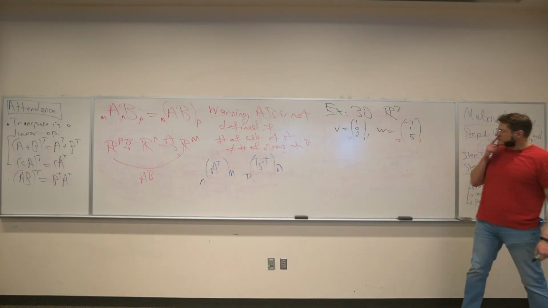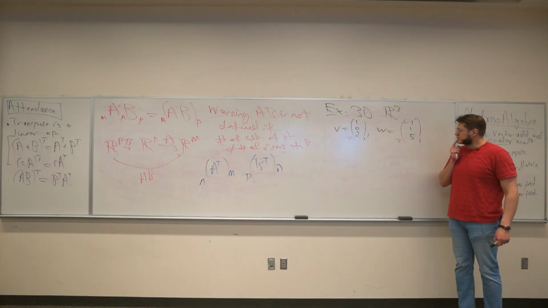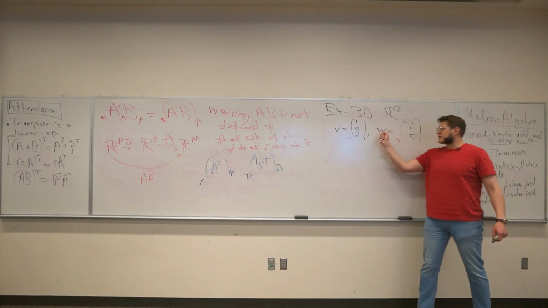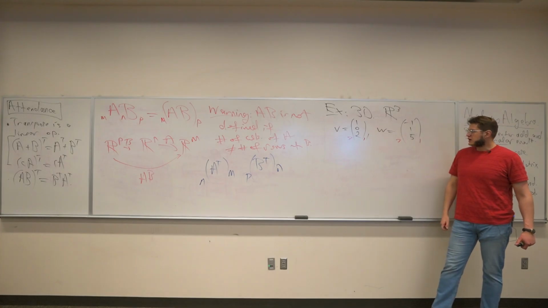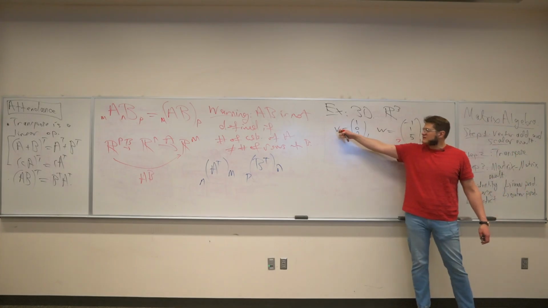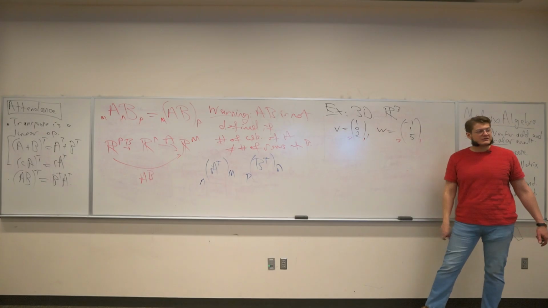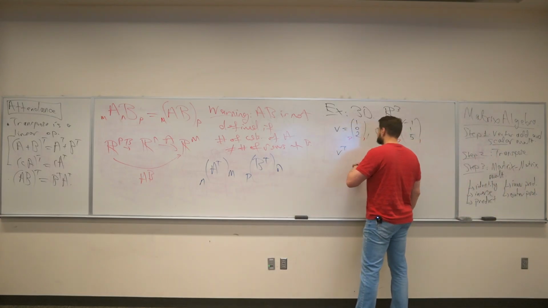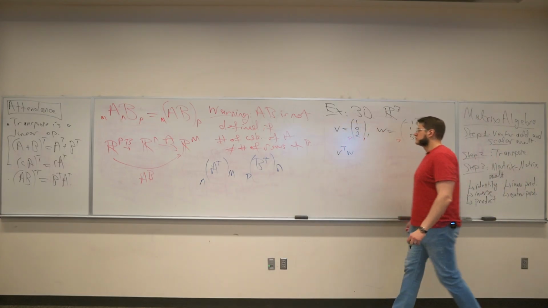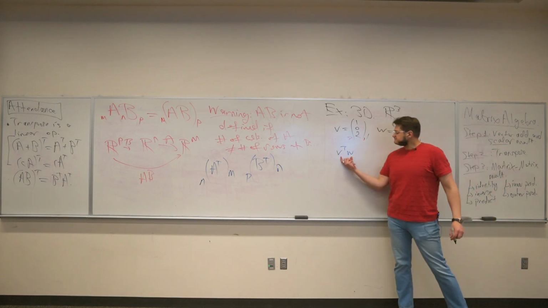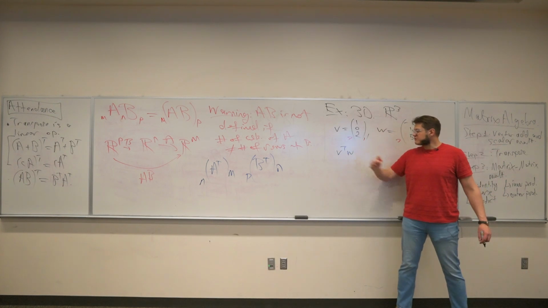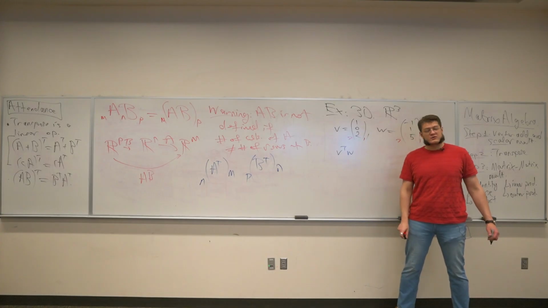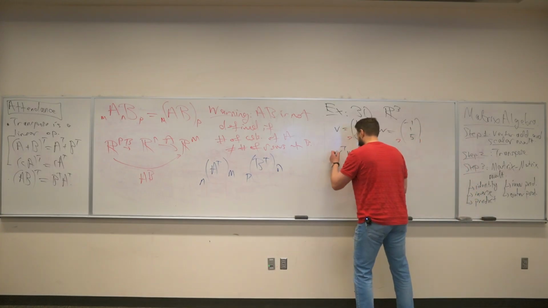So for instance, if I were to think of these as matrices, I can just write down V times W. But what I can do is take the transpose of this and multiply it by this, V transpose W. Why? Since V is 3 by 1, V transpose is 1 by 3.